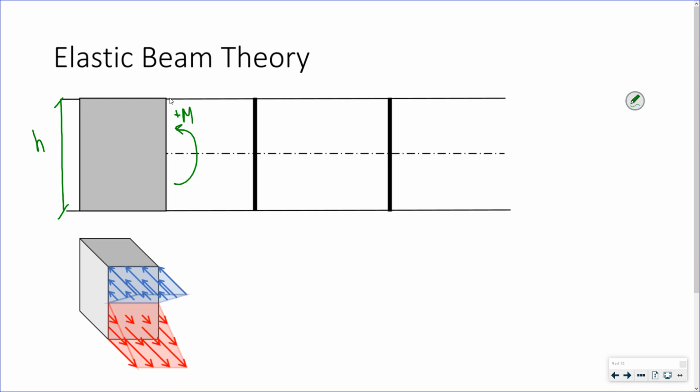And this dashed line represents the centroid of the cross section, and I'm going to assume that above it is plus y, which is the distance from the centroid of the cross section.